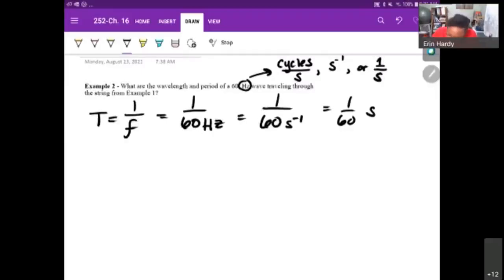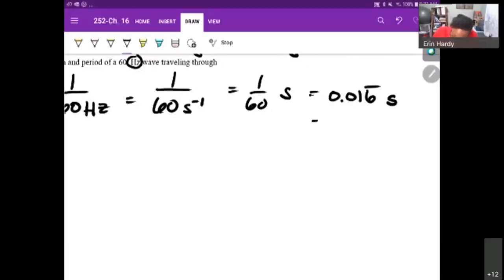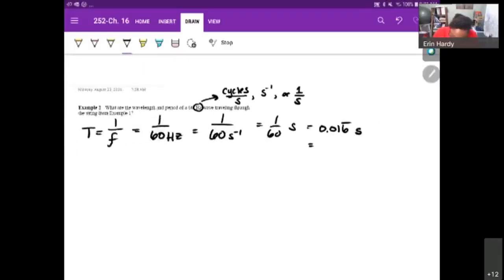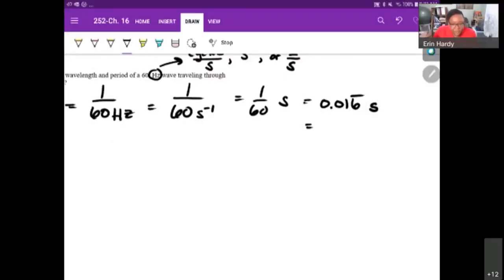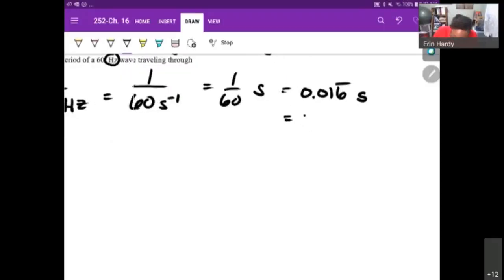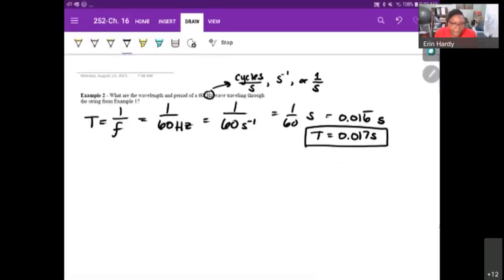And 1/60th of a second is like 0.016 repeating. Let me double check. Yeah. Okay, so that's seconds. If we were going to apply sig figs here, we have 2 sig figs to work with. It's hard to tell, but we had 60 with a decimal point, so that's 2. We would round this to 0.017 seconds.